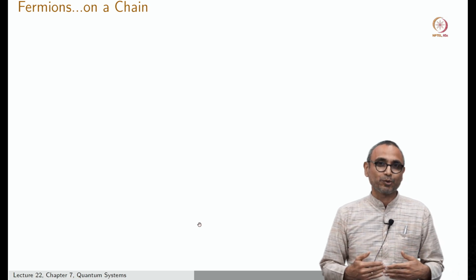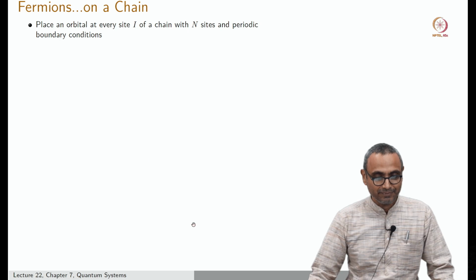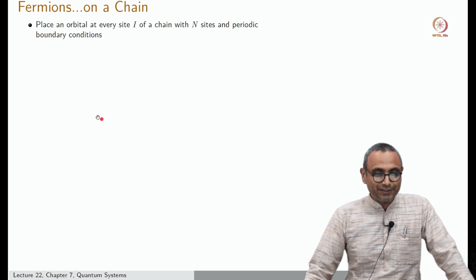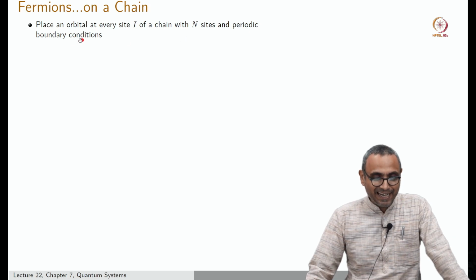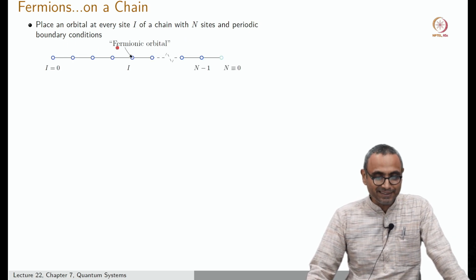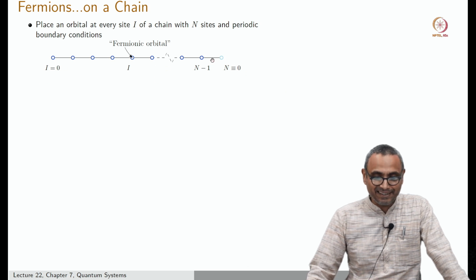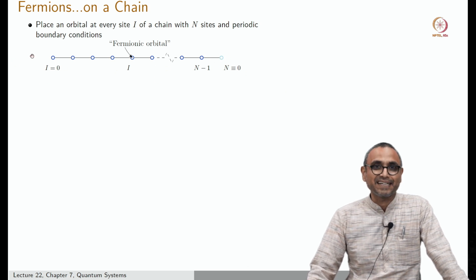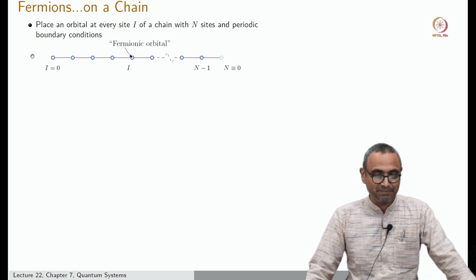Okay, so we have seen how we place fermions at one site or one orbital. Now what we would like to do is place fermions on a chain. So we are going to place these fermionic orbitals at every site of the chain, and I am going to have periodic boundary conditions. By that I mean that the site n is the same as the site 1. We will discuss the boundary conditions on fermionic operators in a minute.